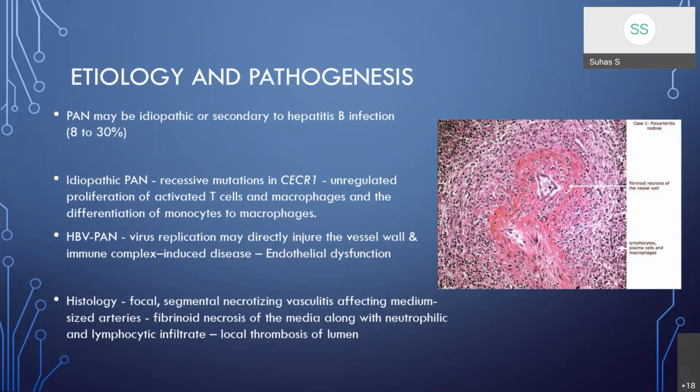In HBV-related PAN, there is viral replication which induces injury to the vessel wall, and also there is immune complex-induced disease. All this leads to endothelial dysfunction and various manifestations. We can see there is fibrinoid necrosis of the vessel wall along with infiltration by neutrophils and lymphocytes all along the vessel wall, and there is also thrombosis of the lumen of the artery.